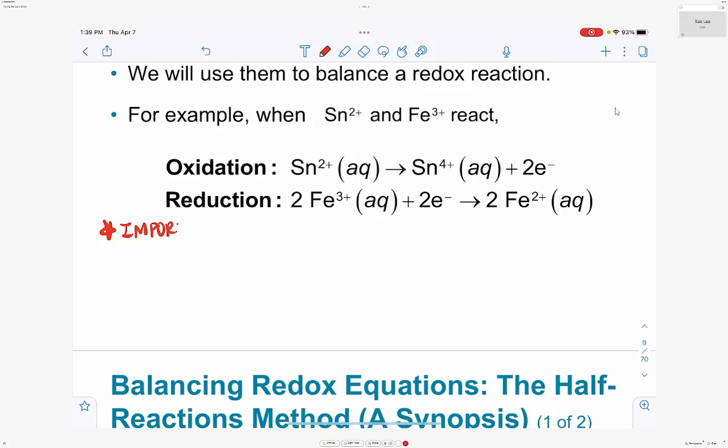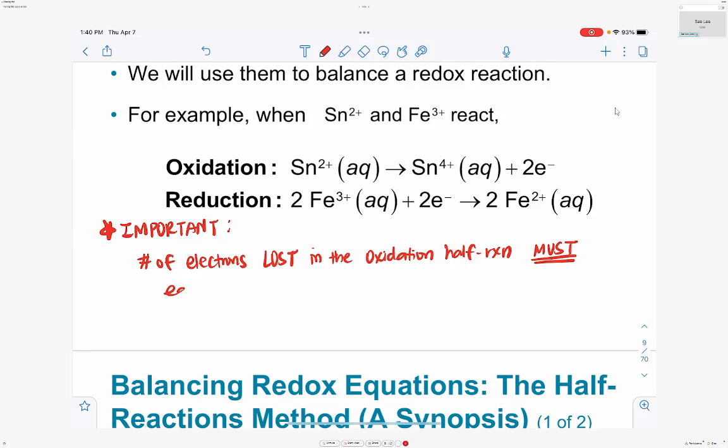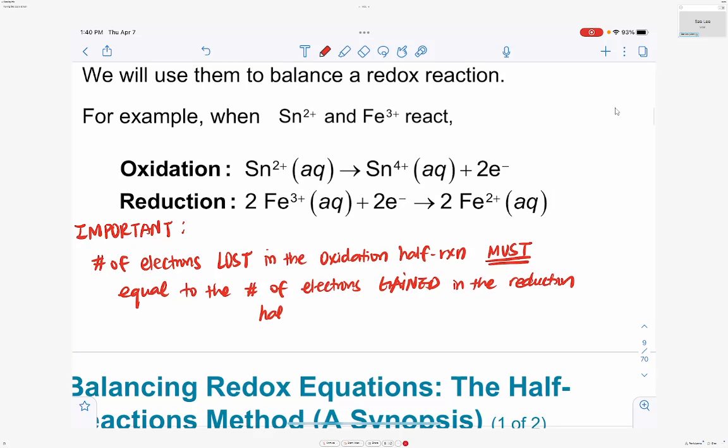Important: number of electrons lost in the oxidation half reaction must equal the number of electrons gained in the reduction half reaction.